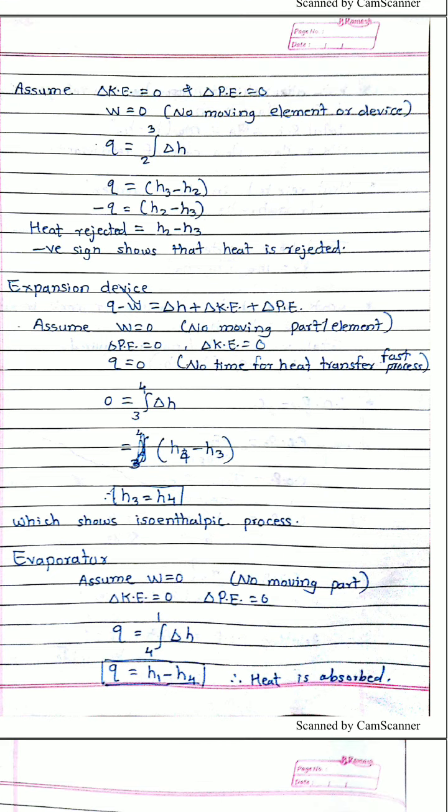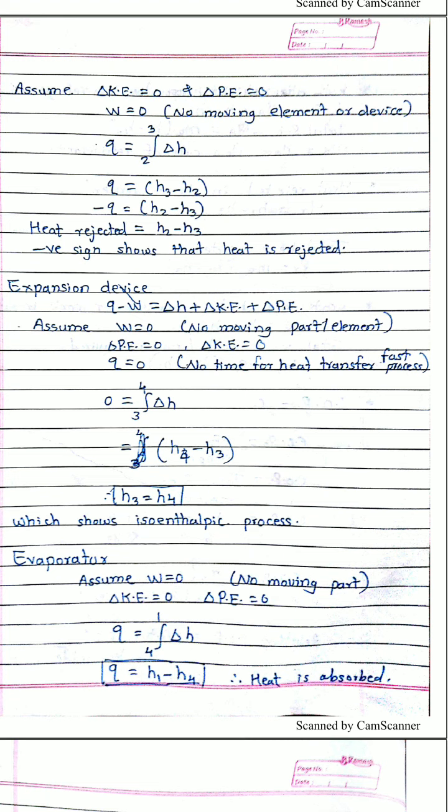So therefore Q minus work done, which is 0, is equal to delta H plus 0 plus 0. So therefore Q is equal to delta H. But this constant pressure heat addition process is limited to the process 4 to 1. So we are putting the limit from 4 to 1.